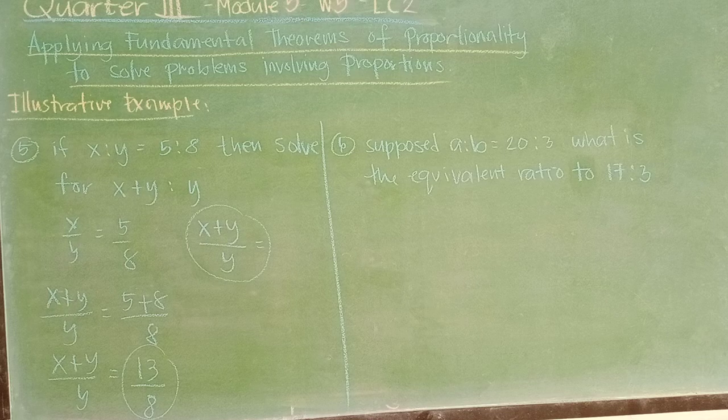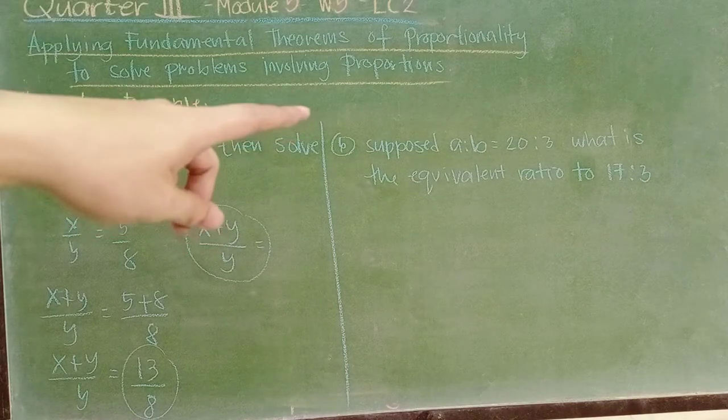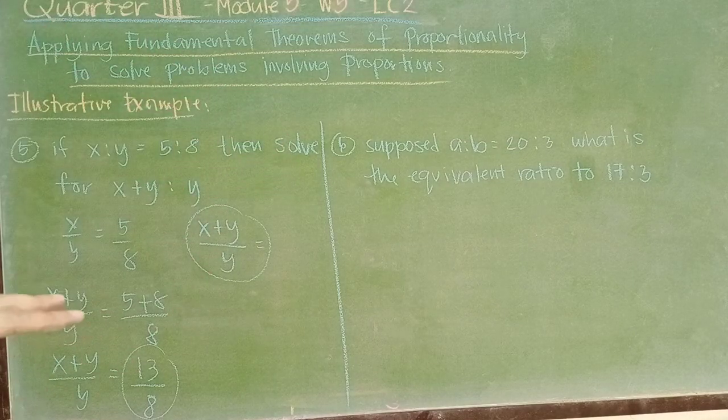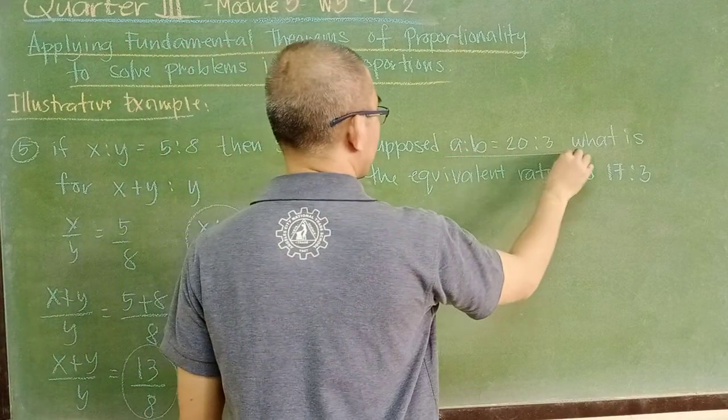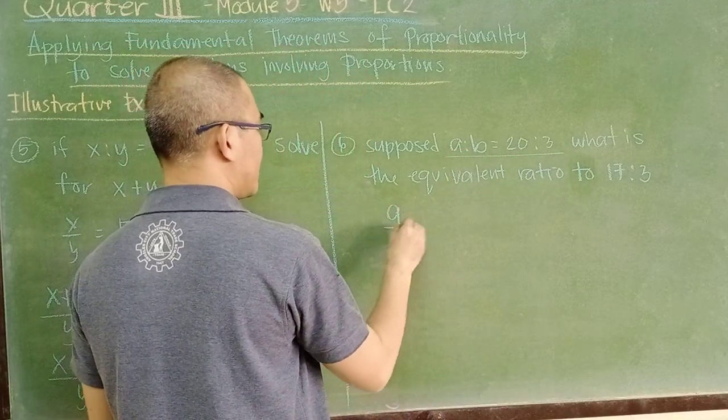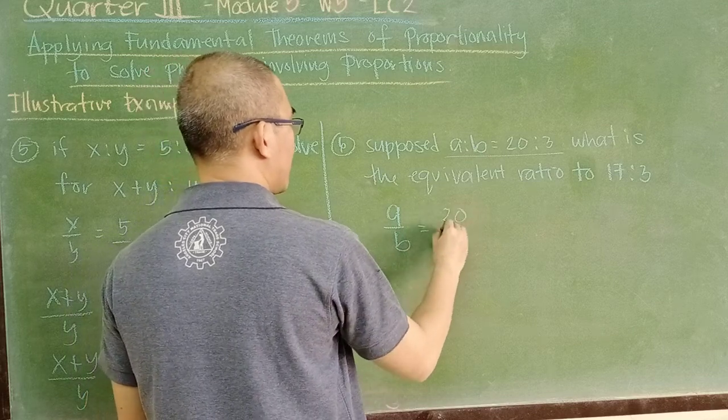So again, ang una natin gagawin is ita-transform muna natin yung proportion natin into fraction, and then yung 17 is to 3, gagawin din natin siyang fraction form. So this is a over b is equal to 20 over 3.